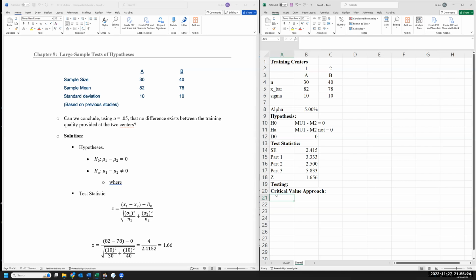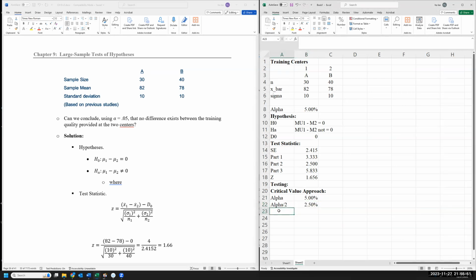And the critical value is the cutoff that creates half an alpha in the right tail. Okay, I almost said alpha again. So let's do that. Alpha is equal to 5%. We know it's a two-tail test. So alpha divided by 2. That's the right tail.